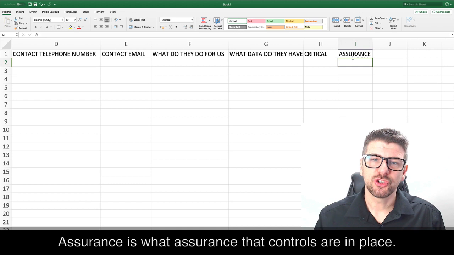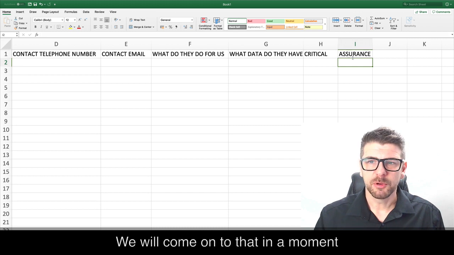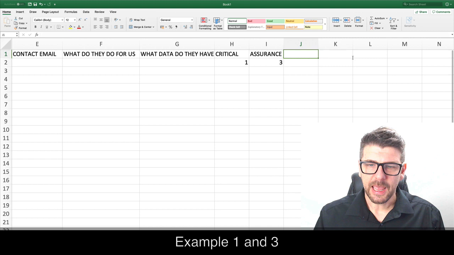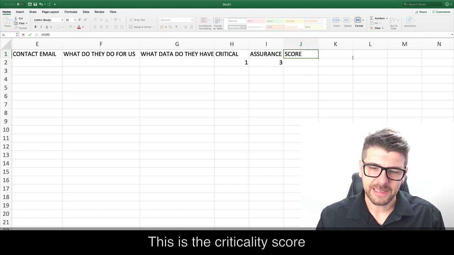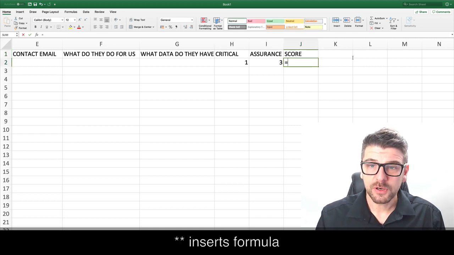Assurance is what level of assurance do you have that controls are in place. This could be subjective or objective. We're going to come on to that in a moment, but you would put a score in there. So let's say 1, 1 and 3, and we're going to get a score off the back of that. So this is a criticality score. As before, it's a basic formula.